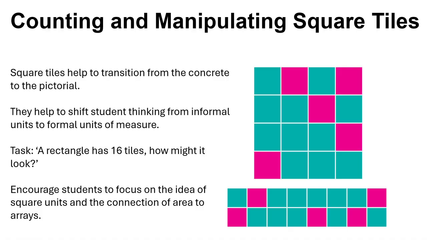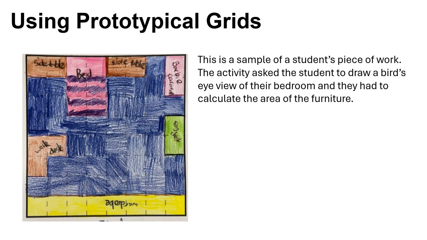Now we can start talking about that multiplicative thinking, 4 times 4, 4 fours are 16, 16 square centimeters or 16 square tiles. So we can start talking about those formal ideas. Using square tiles is a nice bridging point from the informal to the formal.